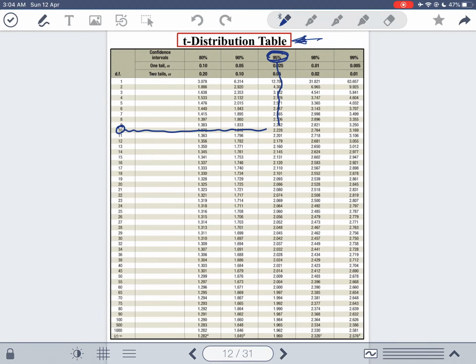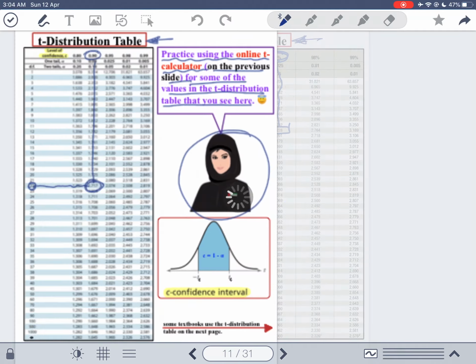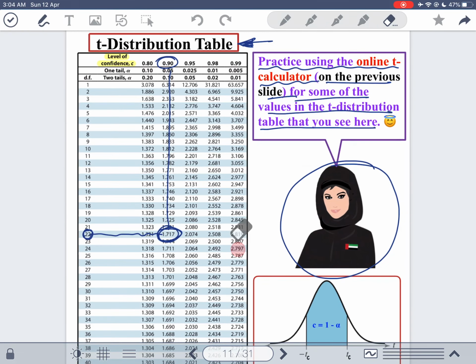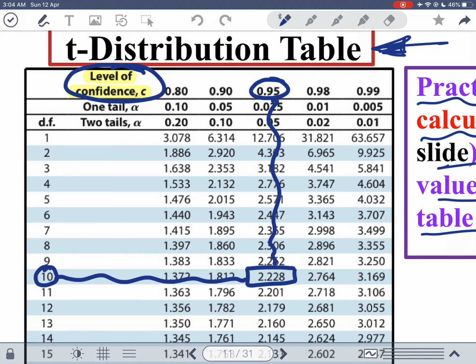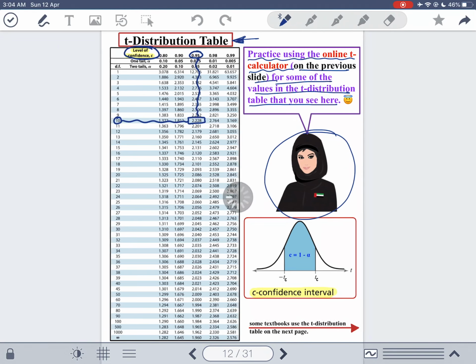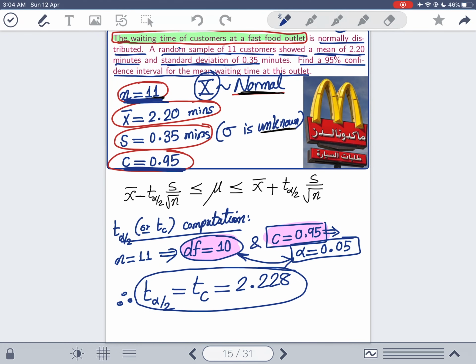Look at what I got, 2.228. Or you can use, if you're in the class that uses t sub c, 95% level of confidence, and 10 degrees of freedom. Look, you also get 2.228. So we know that our answer is correct. It's nice, just for the first time I do it for you.